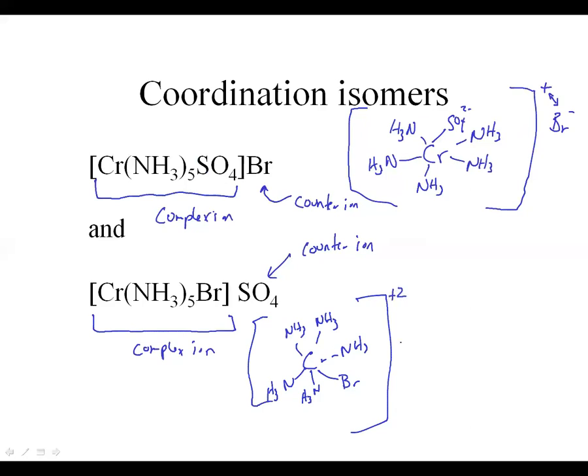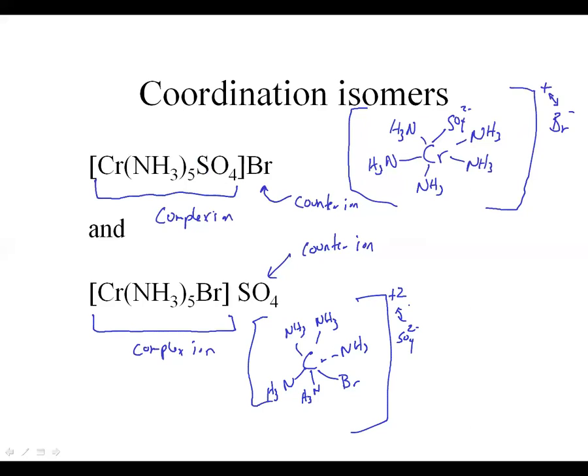And our sulfate here would be on the outside as our counter ion in this particular case. So although they both contain the exact same elements, the exact same amount of everybody, the way that they're connected is different. In the top one, the sulfate is actually part of the complex ion, while in the second one, obviously, it is not.